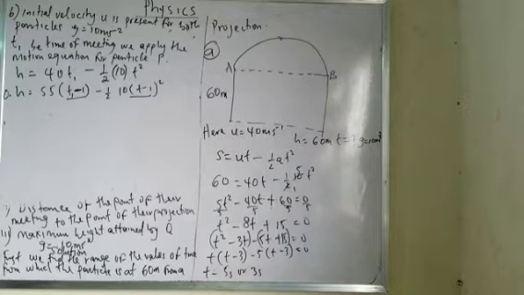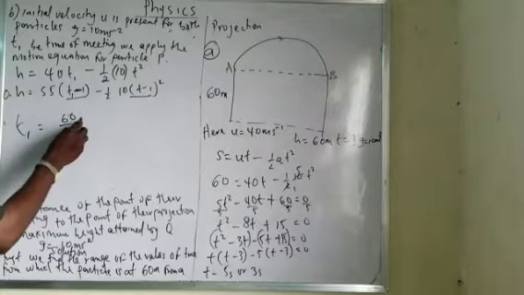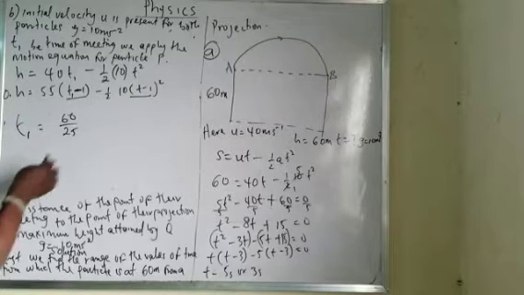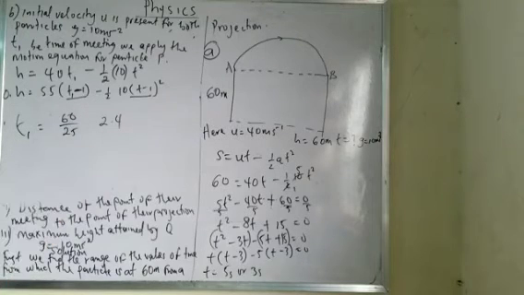I think by solving the simultaneous equations, we will know what it's all about. Now, without going far, my T1 will be equal to 60 divided by 25, which I'll be having as 2.4.